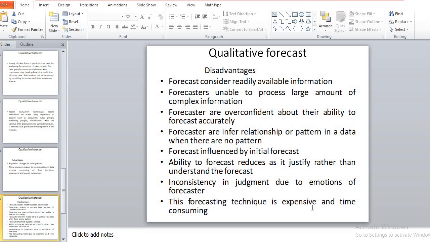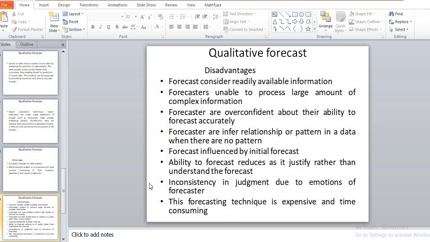And this technique is expensive and time consuming, as it requires discussion with customers and experts.